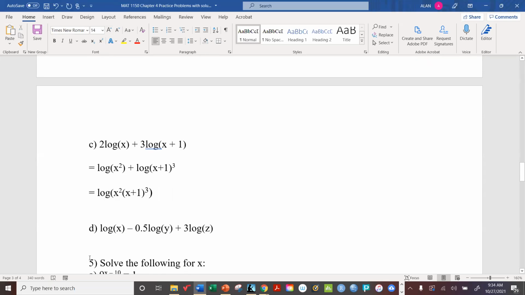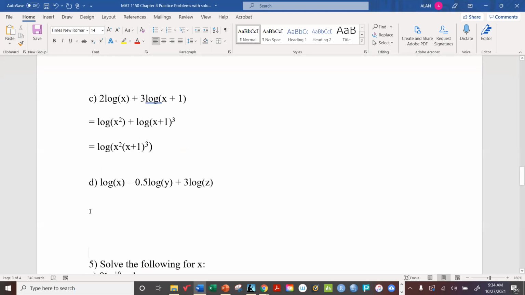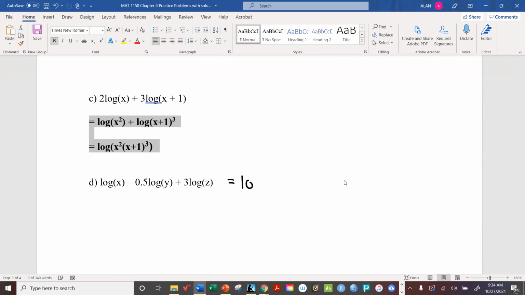Now, what about this one? What's going on here? Well, this one's kind of interesting. We can start by rewriting it as log x, and then this one can be written as minus log y to the 1/2 power, or 0.5.